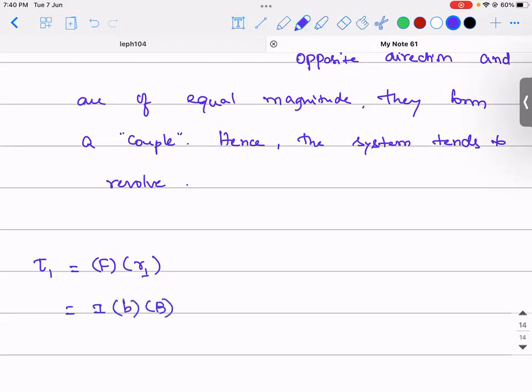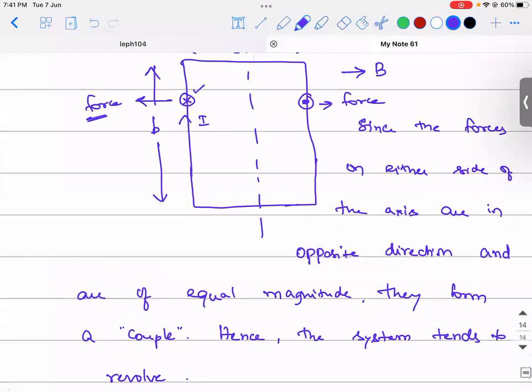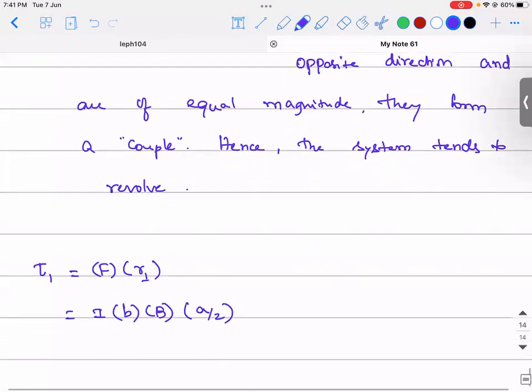I b into capital B into what is R perpendicular? It is a by 2. Because this is the point of application of force and this is the perpendicular distance, a by 2. So force into perpendicular distance. So this will give us I a b into capital B divided by 2. Are you accepting this?